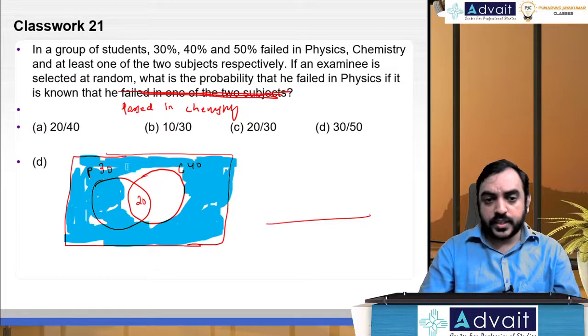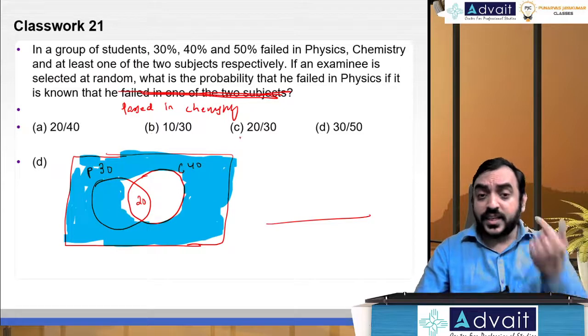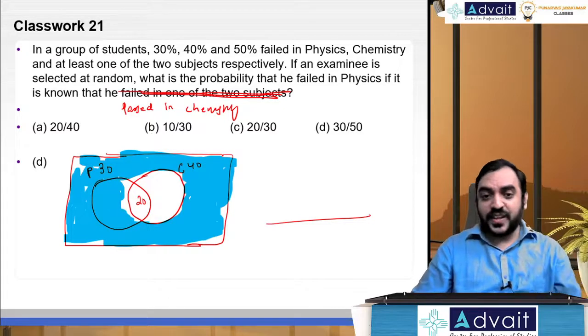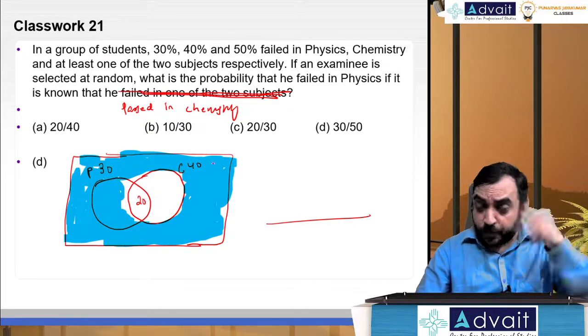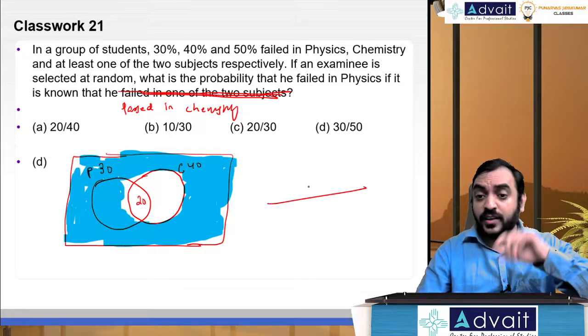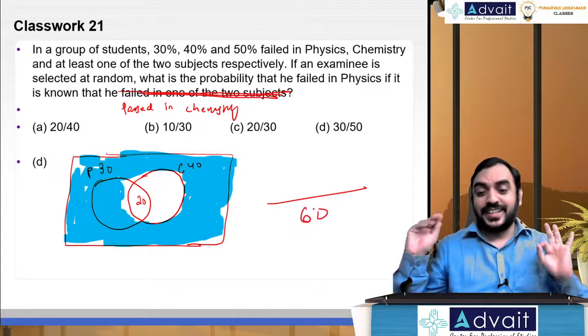Only thing, it should be outside the circle. Outside the circle means how many people? These are all percentage terms. The circle represents 40, so outside 40 means the denominator should be 60.